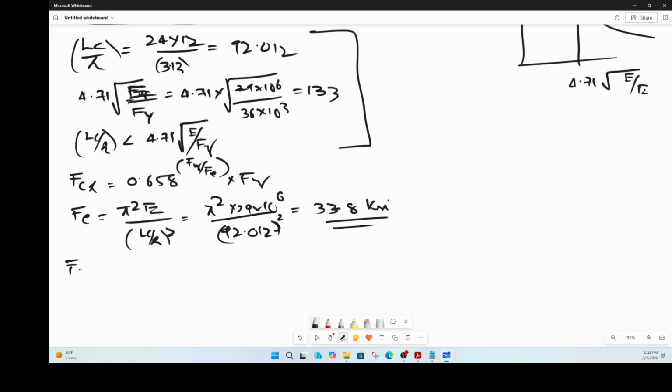From the Fe, I still have to find my FCR, and FCR is nothing but 0.658 power Fy by Fe times Fy. Fy in this case is 36 KSI, and Fe here is 33.8.